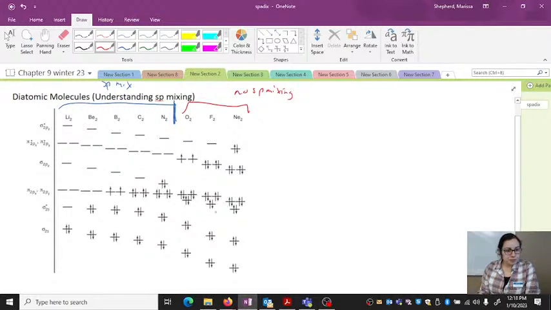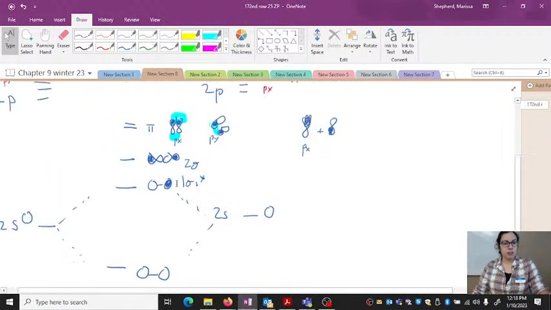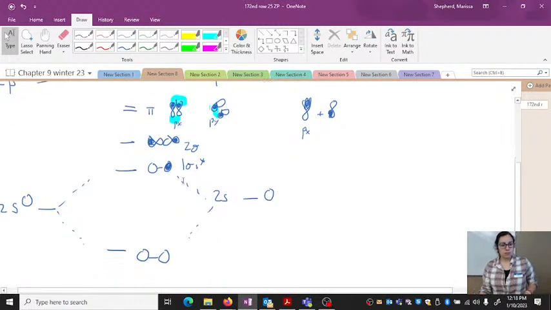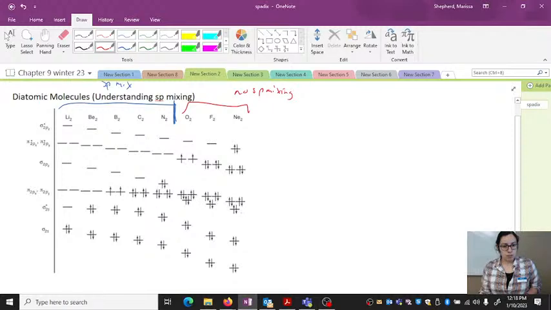And so what changes then is our order. And so looking back to what we drew here, this is our unmixed order. So notice it goes sigma, sigma antibonding, and then we go just that single one next. So right here is no mixing, so same order, right?